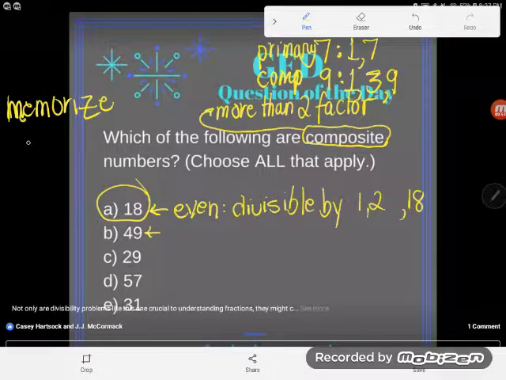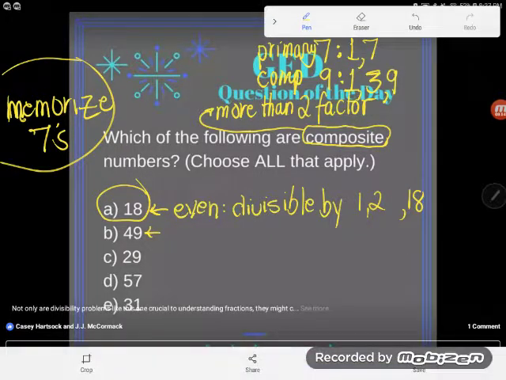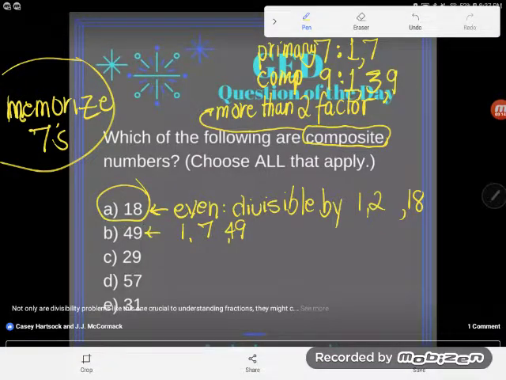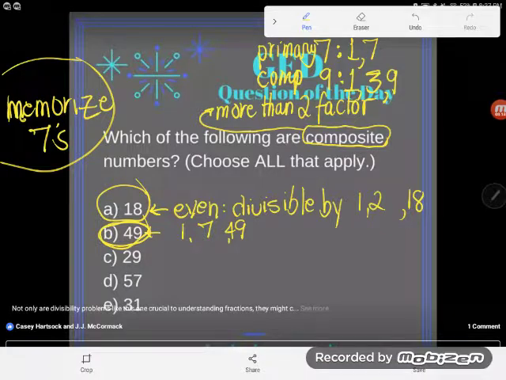I don't find it very useful. It takes a while. I would just recommend that if you're going to spend time memorizing any of your times tables, at least memorize your 7s. So yeah, I know that 49, of course, is divisible by 1 and 49, but I also know it's divisible by 7, because 7 times 7 is 49. So 49 is also composite. I was able to find a third factor.